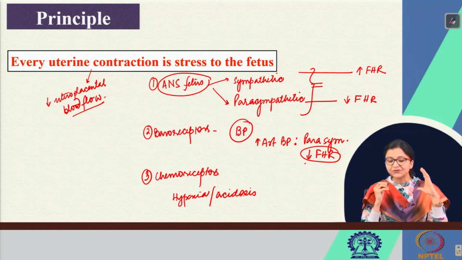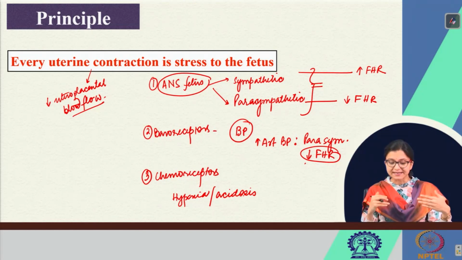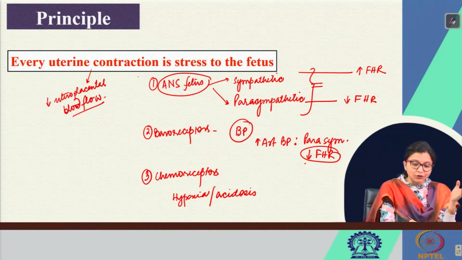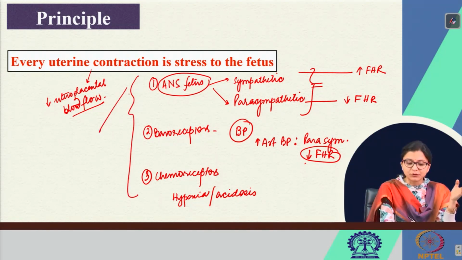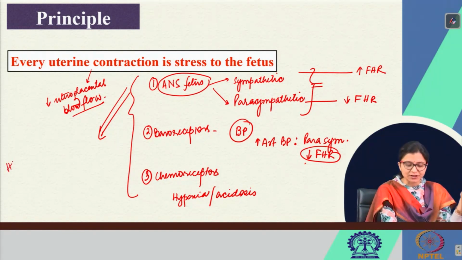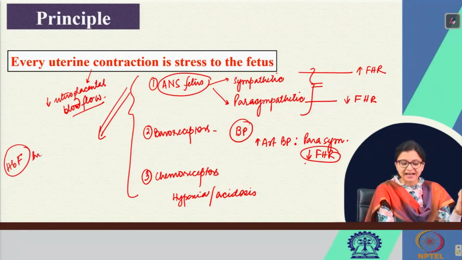So, all these features, the sympathetic system, parasympathetic system, the baroreceptors, and the chemoreceptors, come into play in the fetus to combat this stressful condition. As the fetus matures, it can survive these stressful situations because of the presence of hemoglobin F, which has higher affinity for oxygen.